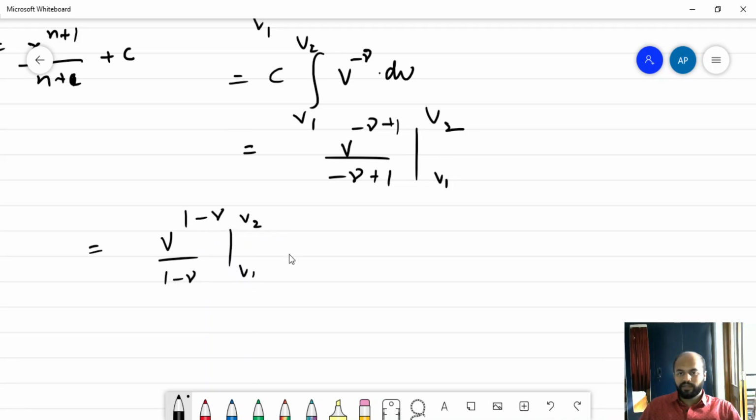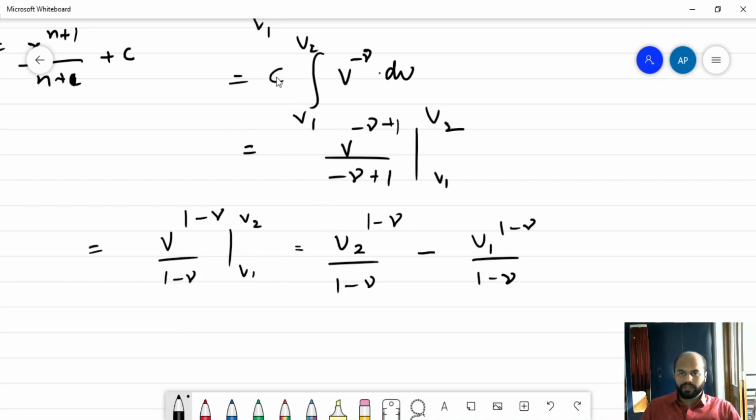Now with V1 and V2, this is going to be V2 raised to 1 minus gamma by 1 minus gamma minus V1 raised to 1 minus gamma by 1 minus gamma.